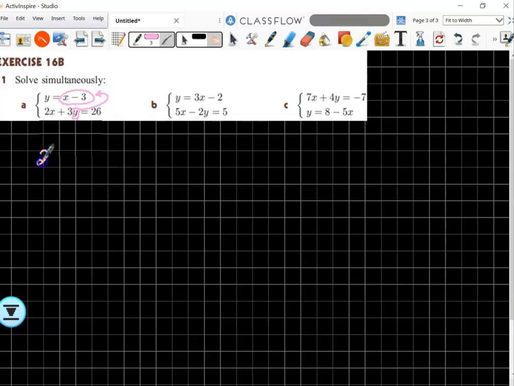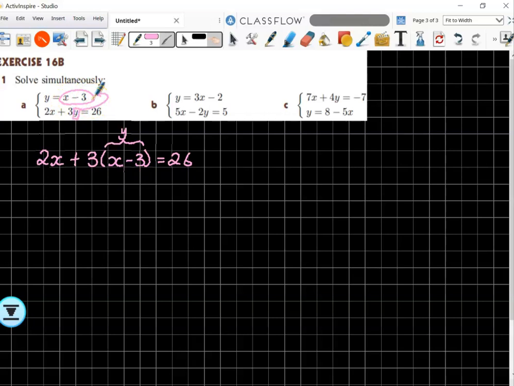So we're going to have 2x plus 3 times, oh, no, don't write y. What is y? X take 3. Yes. And then we go back and we finish off, it says equals 26. So this is the y, right? 2x plus 3 times y, but what is y? Y equals x take 3. We replaced it. We subbed.